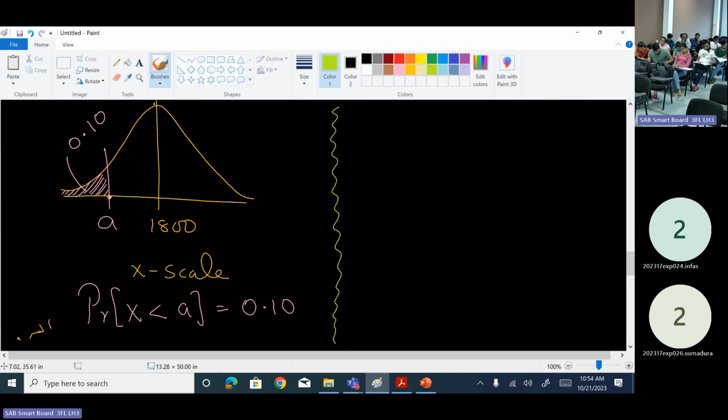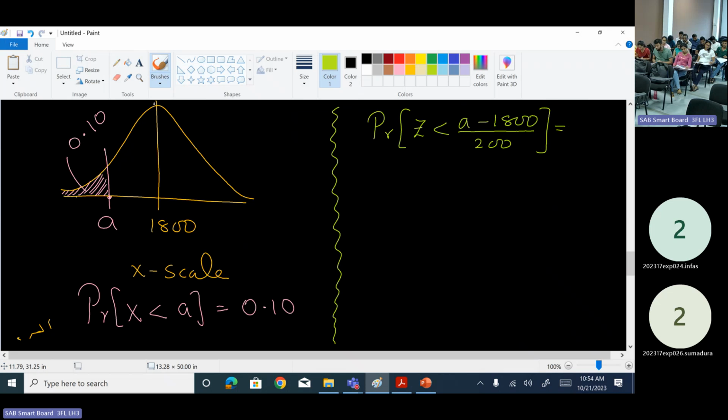Now this is general, so we have to transfer this to standard. We'll do that in the next step. Probability: X, when you transfer, goes to Z. A, subtract the mean, divide by sigma.